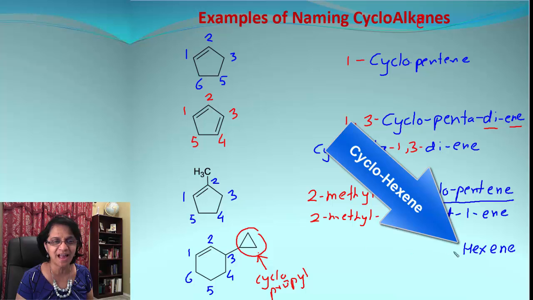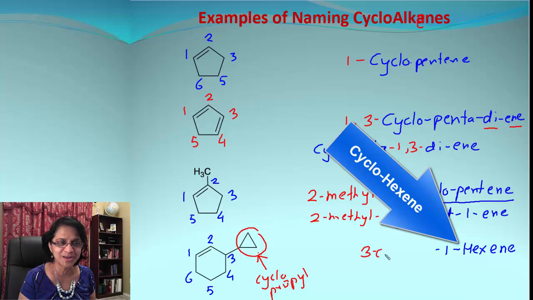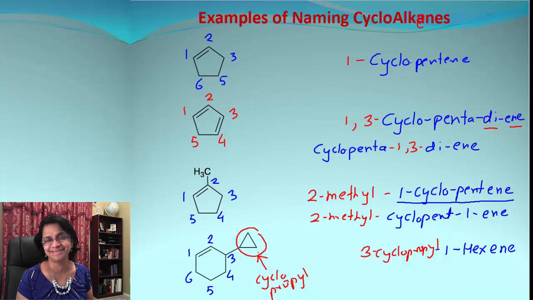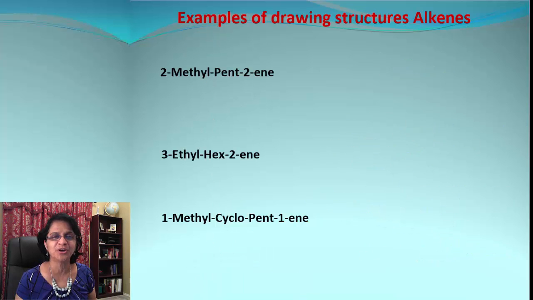The double bond begins at position 1, so it's 1-hexene. And then we've got the substituent cyclopropyl in position 3. So it is 3-cyclopropyl-1-hexene.